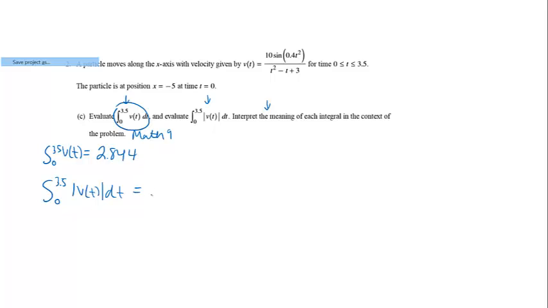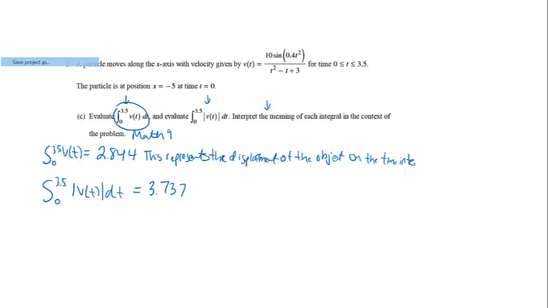And when you do that, you're going to get 3.737. And then it says to interpret the meaning. Well, we just found out this from part B, I believe. This will just give us the displacement. So this represents the displacement of the object on the time interval.